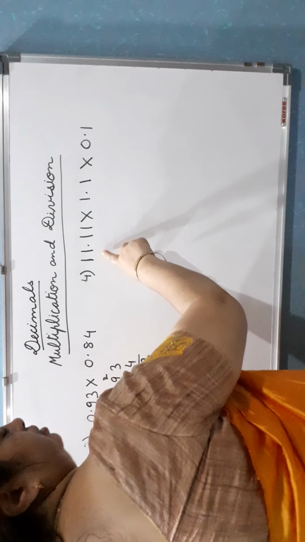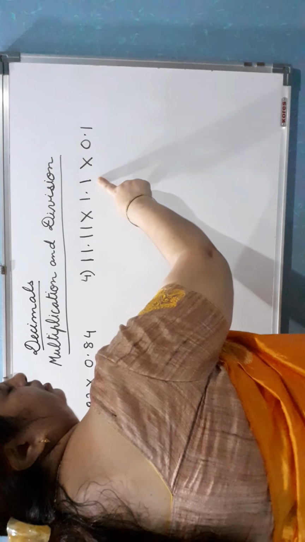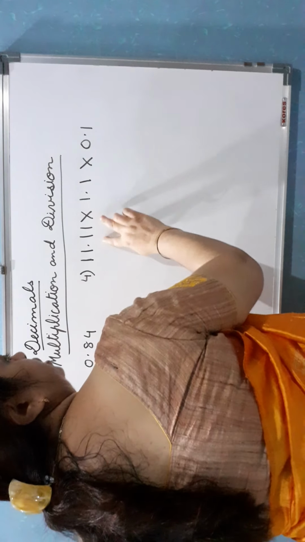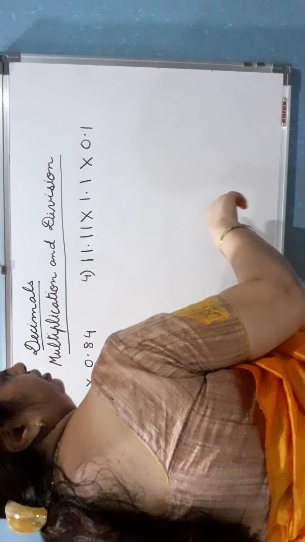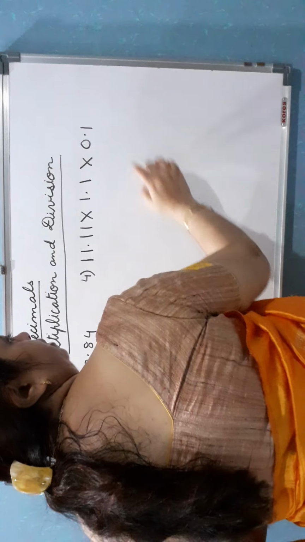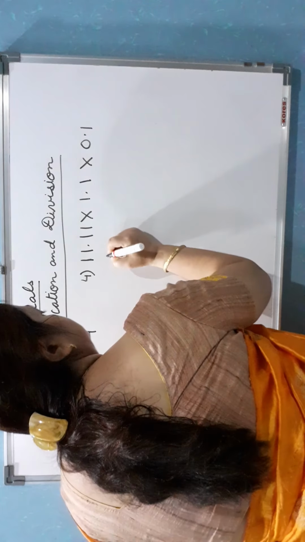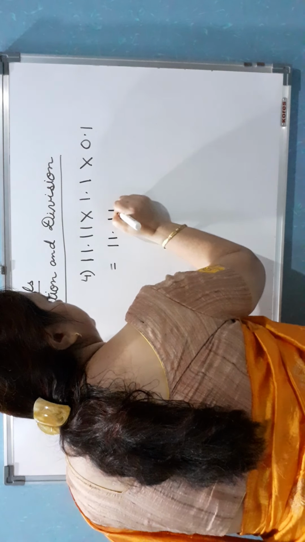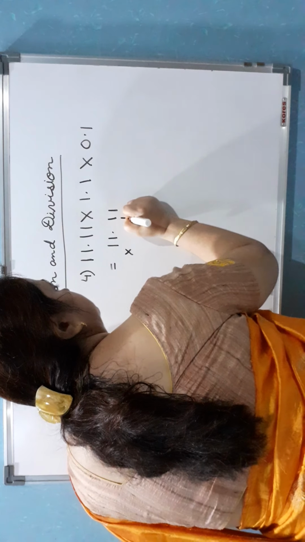Okay, now look here: 11.11 into 1.1 and into 0.1. So you first take these two numbers. Okay, 11.11 into 1.1, and the answer you will get, multiply with this. ठीक है ना? तो कैसे करेंगे इसको? 11.11 into 1.1.